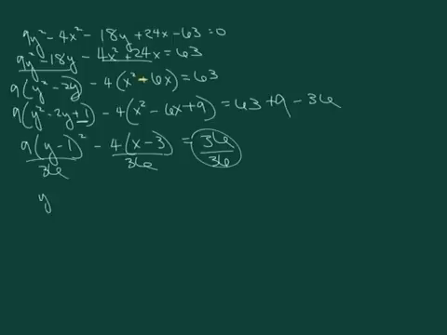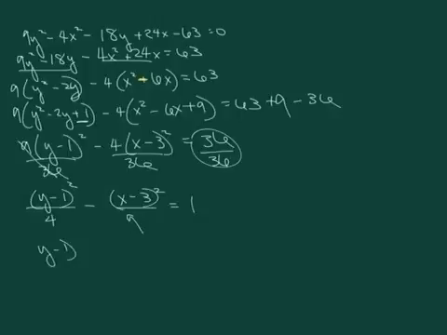So now we have y minus 1 quantity squared over 4, because those cancel or reduce. Sorry, those should be squares. Forgot to put that on there. That's a 9 equals 1. So now we've got y minus 1 squared over 2 squared minus x minus 3 squared over 3 squared equals 1. Now we can find what our a, b, and c are, and then we can find everything else we need to do.